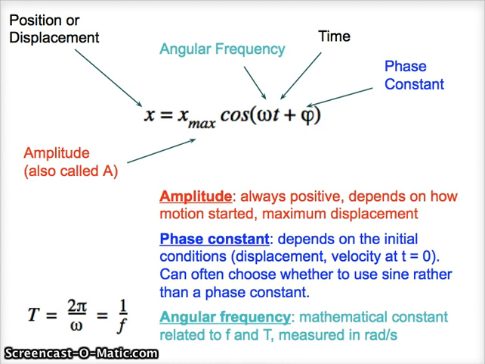That helps with the sine and cosine functions to make sure that the units are all correct. This formula here is also available on your formula sheet. It shows all the mathematical relationships between period, omega, that angular frequency, and f, the regular frequency.